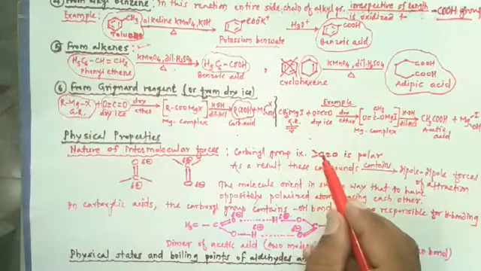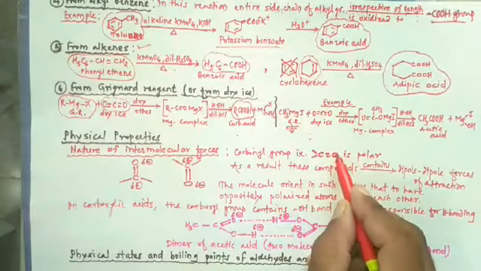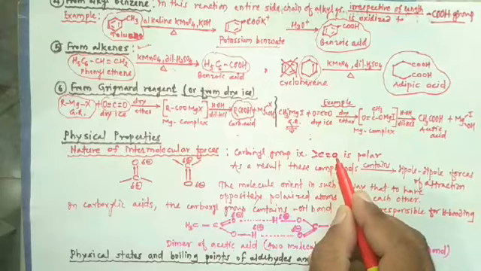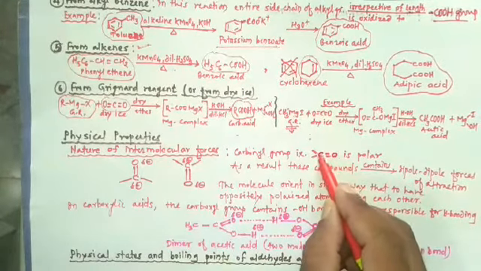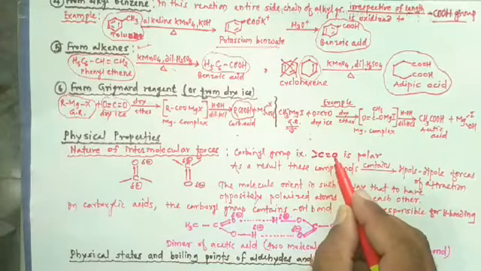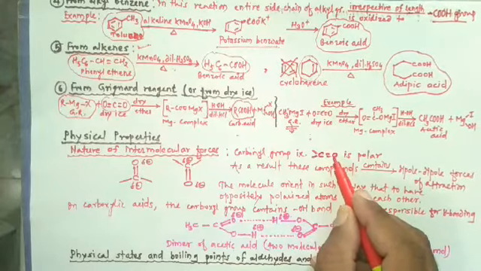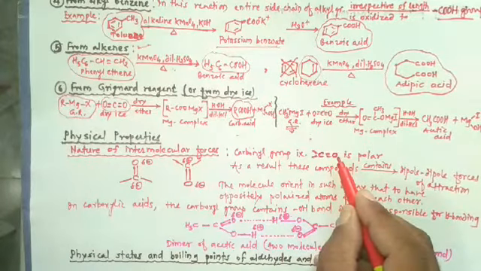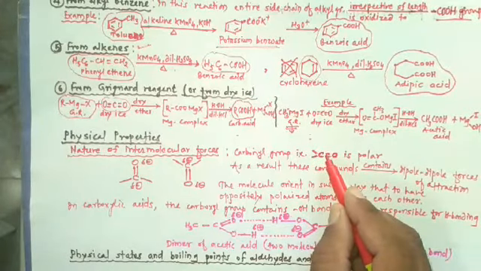Because the electronegativity of this oxygen is higher than this carbon. Electronegativity means the tendency to attract the shared pair of electrons towards itself. So the electronegativity of this oxygen atom is higher than this carbon atom.